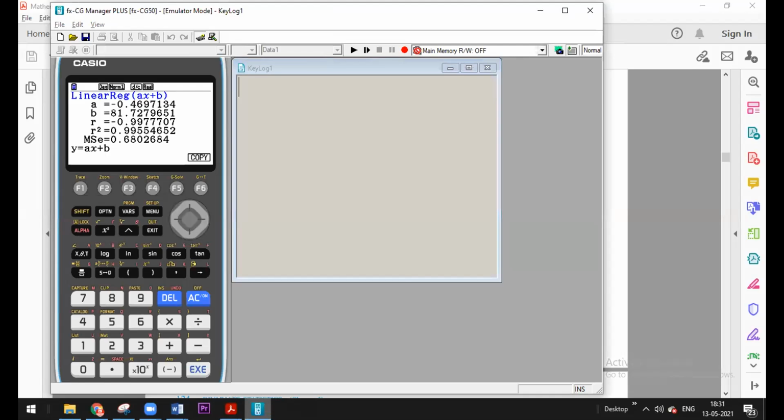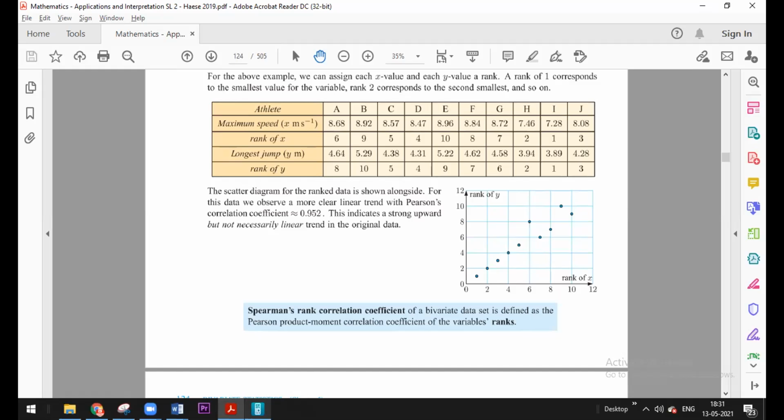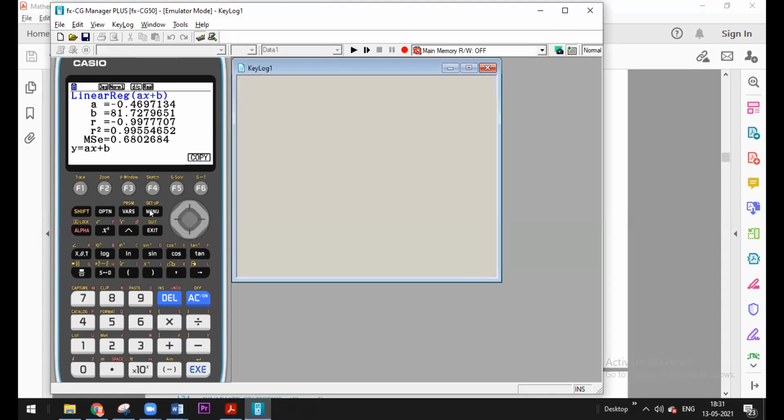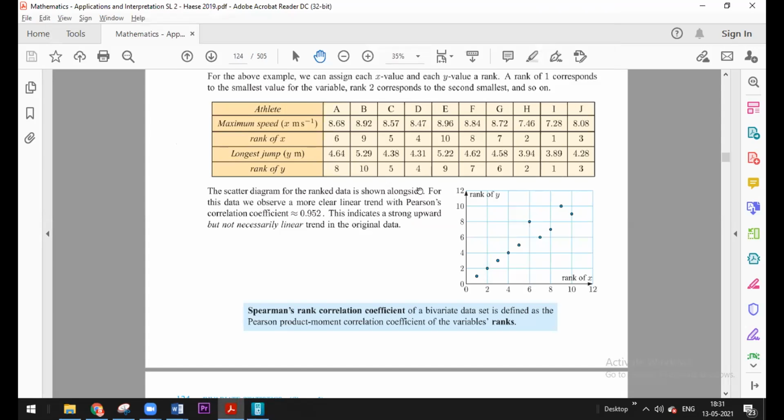I can do alt tab like this. Right now what I'm doing, I'll go to exit, exit again, exit again, then I'll go to delete all, then again delete all. Fine. Now what I'll do is the same thing, but I'll rank it.